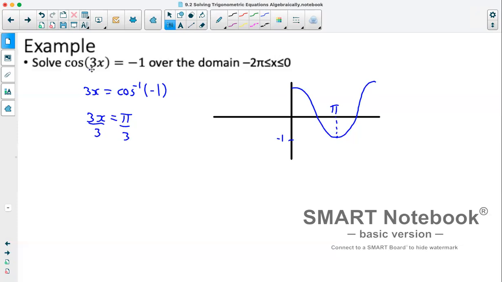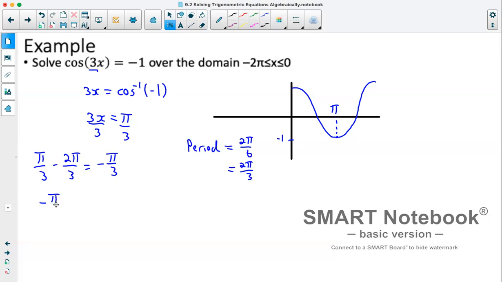Now, because we have this 3 in front, that means our period is going to be 2 pi over our b value, so 2 pi over 3. So we'll take this pi over 3 and subtract 2 pi over 3 to get into our negative domain. That gives us our first answer of -pi over 3. Now it's going to repeat again in 2 pi over 3 units.